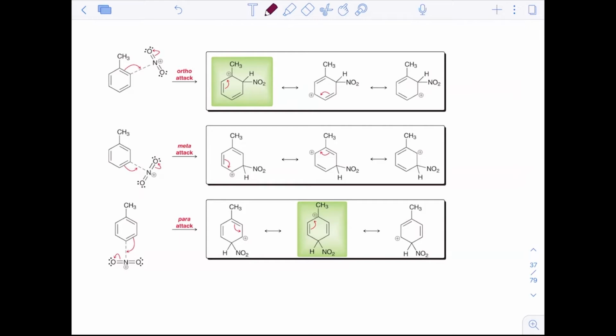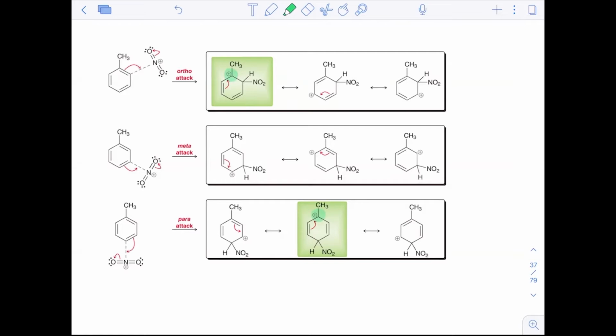In the meta attack, none of the sigma complexes are actually close to that CH3 group, the electron donating group. So the meta sigma complex doesn't have anything super stabilizing. The ortho and the para sigma complexes become more stabilized by putting the carbocation right next to our electron donating group.